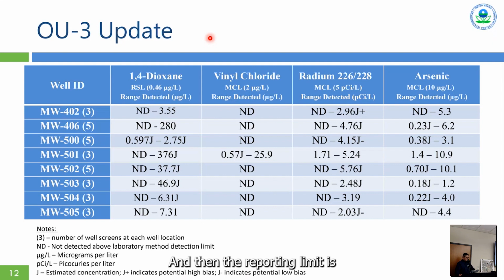And then the reporting limit, the RL, is higher than the method detection limit. It's usually some multiplication factor bigger than the MDL, usually 2 or 3 times. So it's what can be quantified. The lab can actually calculate a reliable number. It's different. One you can detect, and the other you can quantify well.